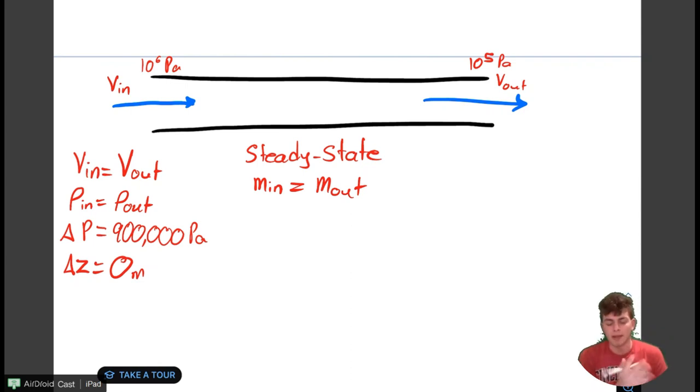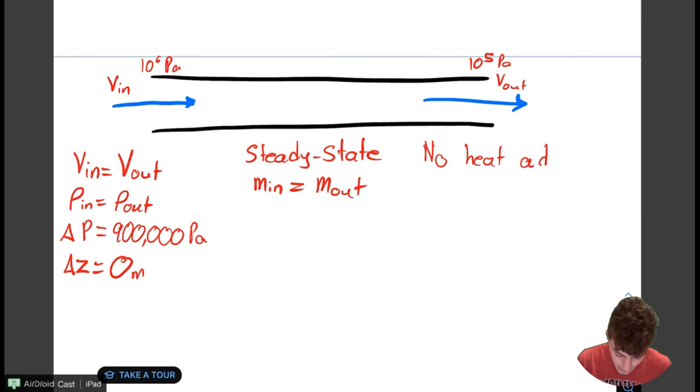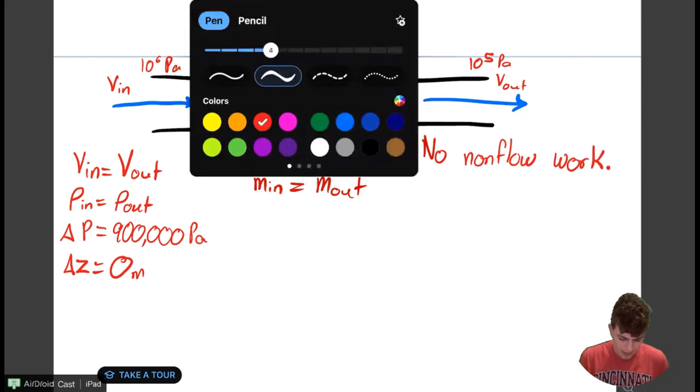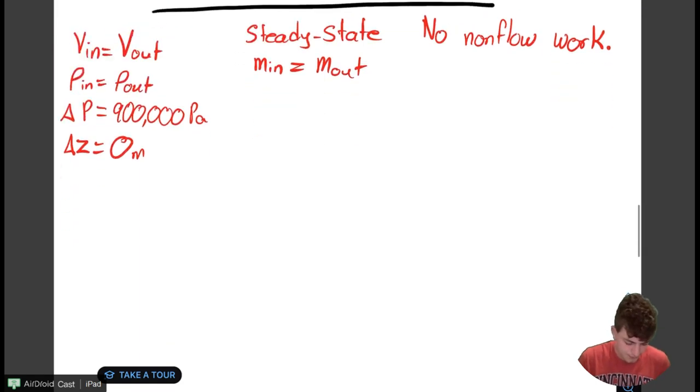Now, finally, the last stipulation I'm going to place here is that we have no heat being added. Actually, rather, I'm going to say there's going to be no non-flow work on the system here.